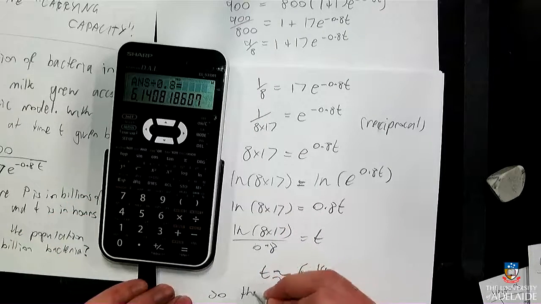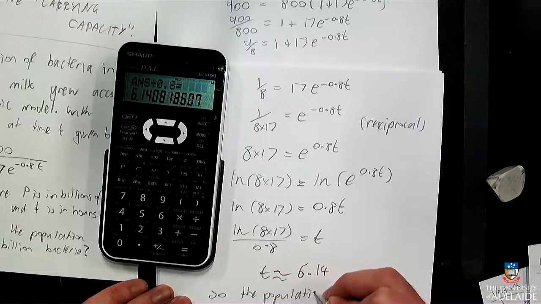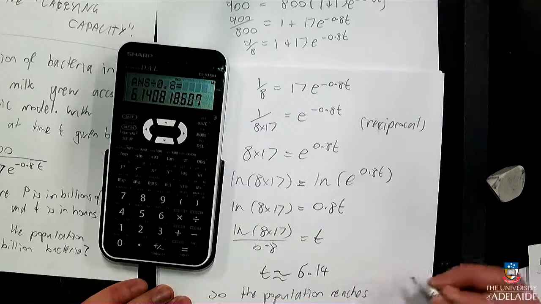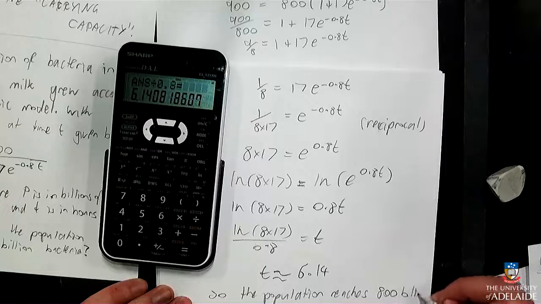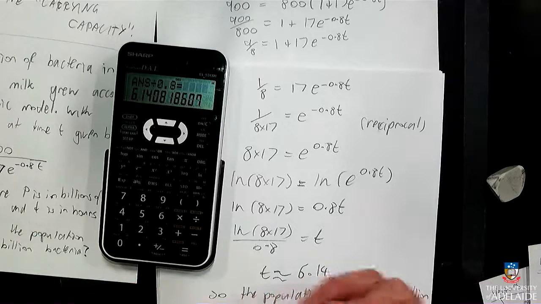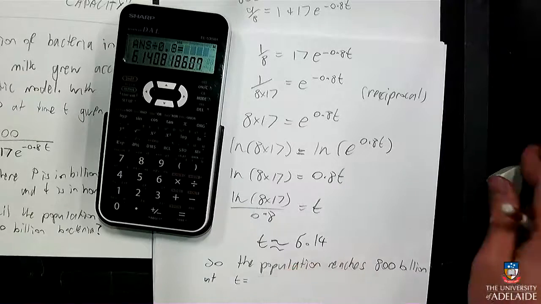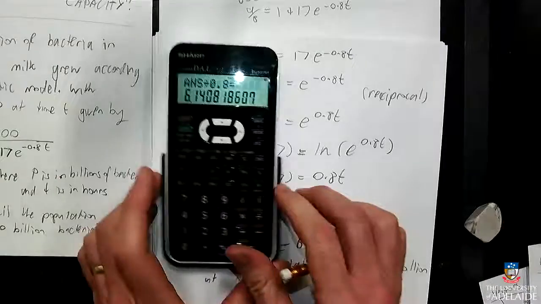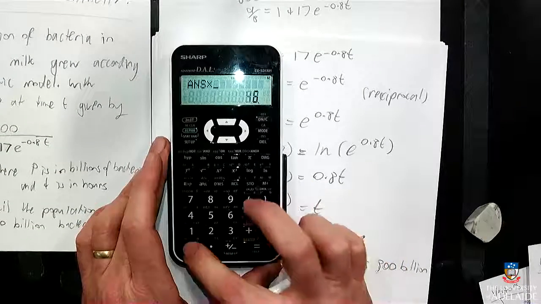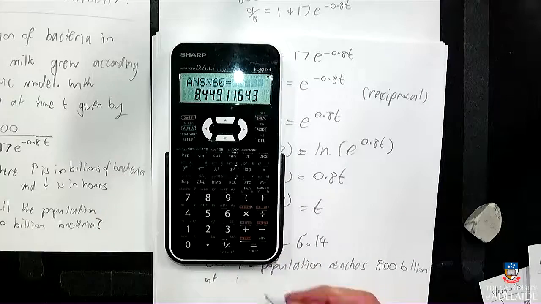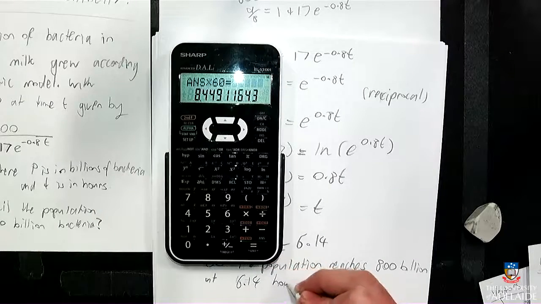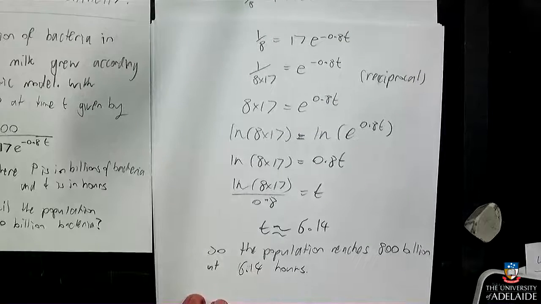So the population reaches 800 billion at t equals 6 point, how many hours? 6. Yeah, well, I'm just going to go 6.14 hours. Beautiful. And that's enough. I'm going to stop there. Thanks for listening. Good luck.